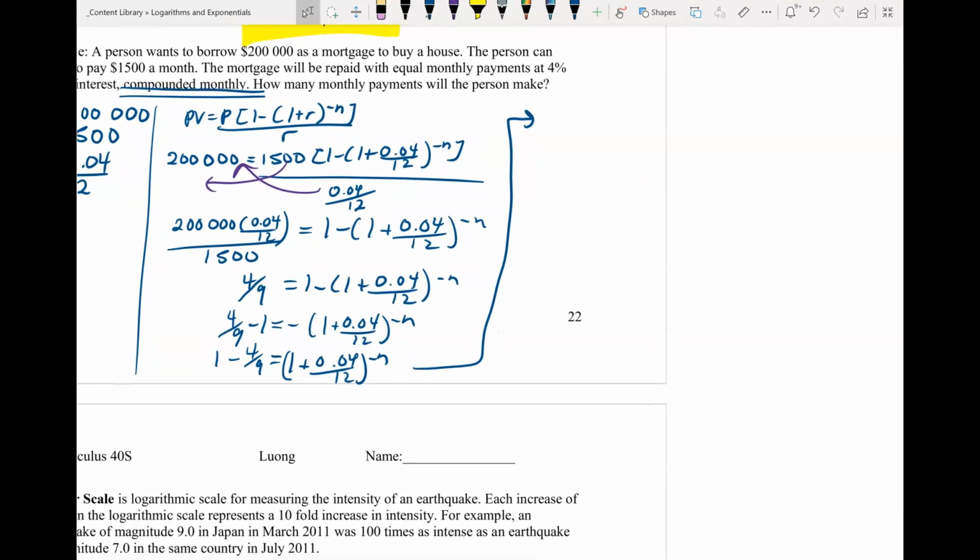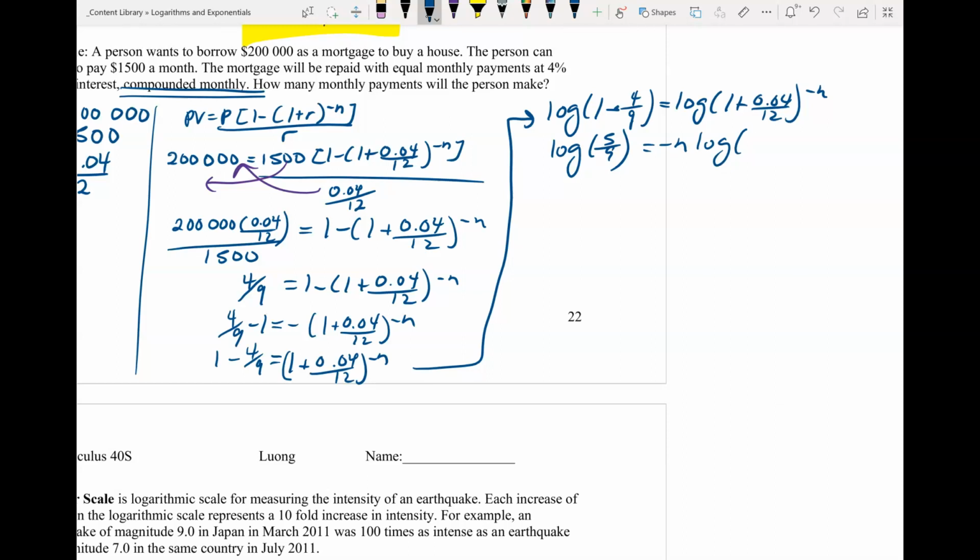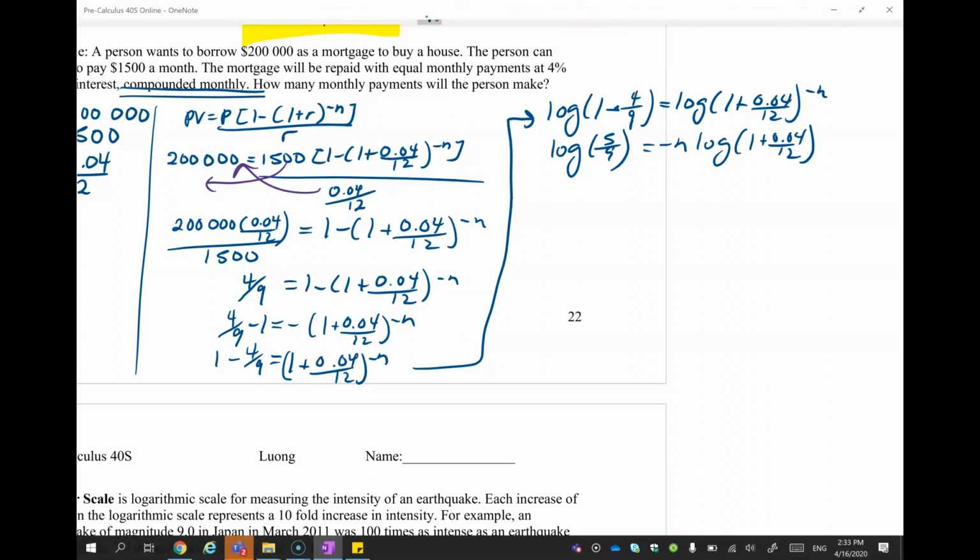Now I'm going to take the logarithm of both sides. So 1 minus 4 over 9 is 5 over 9. I'm going to bring down this negative n. And then divide both sides by log 1 plus 0.04 over 12.